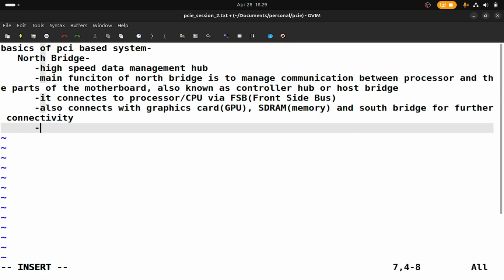Next point is it manages communication between the CPU or processor, memory, and GPU.